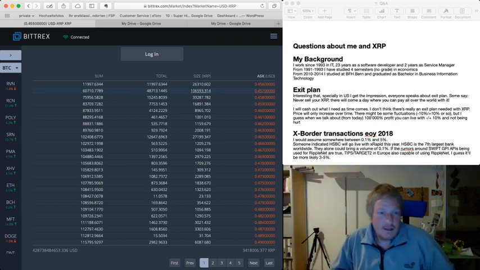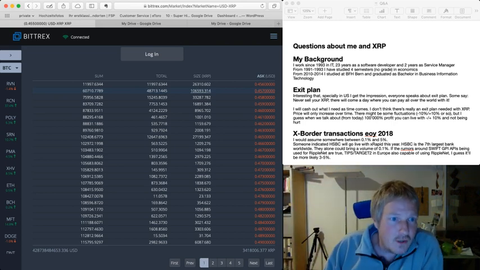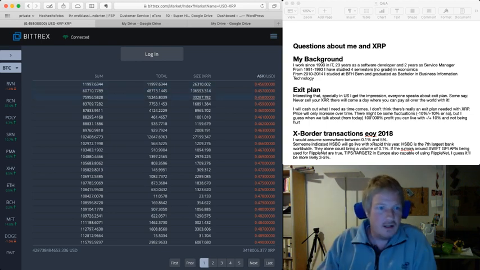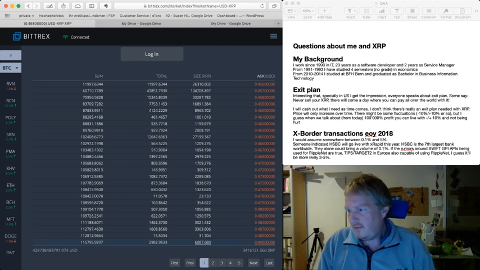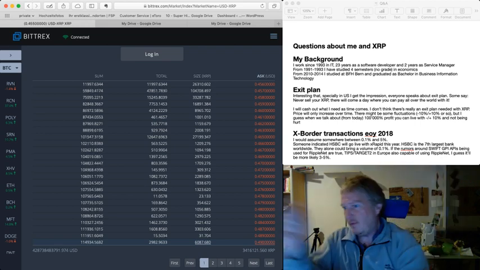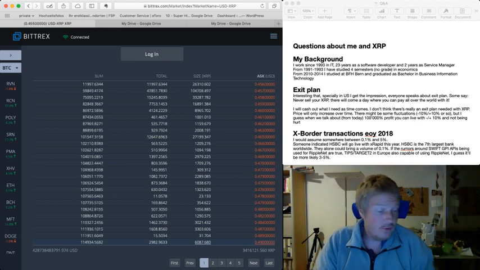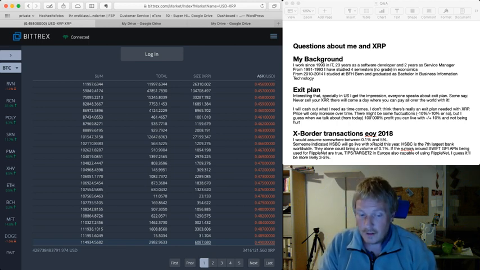Sorry about that, guys. As you can see, the average sizes of chunks of XRP being sold is usually way below 10,000. So do your own math. But take whatever figure you think. I believe when HSBC will come along, there might be transactions about 200 million.